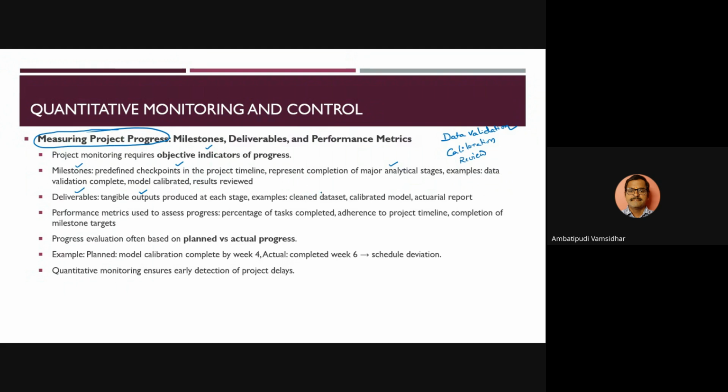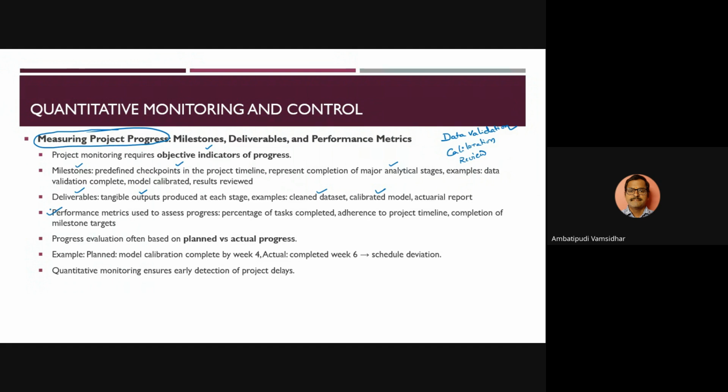For some of the things you may very well say, yeah, I am coming up with a cleaned data set. So did I complete it or not? I can easily track. The model that is calibrated, the actuarial report. So I can very well look at the outcome and then see whether I have accomplished this or not.